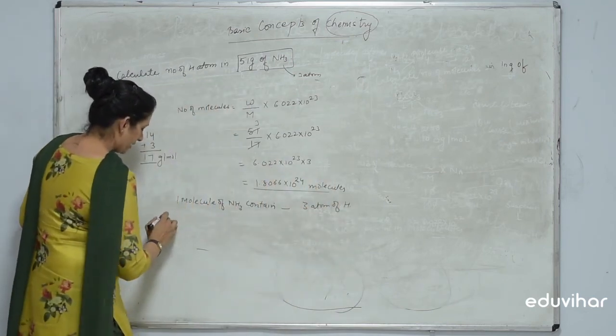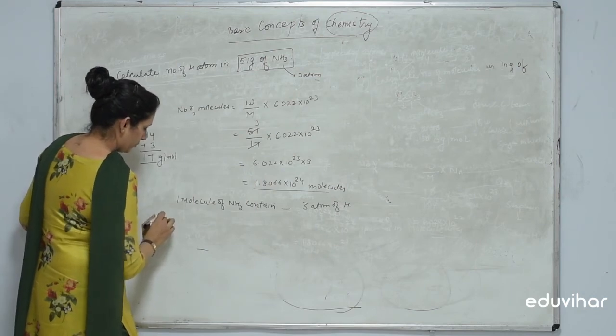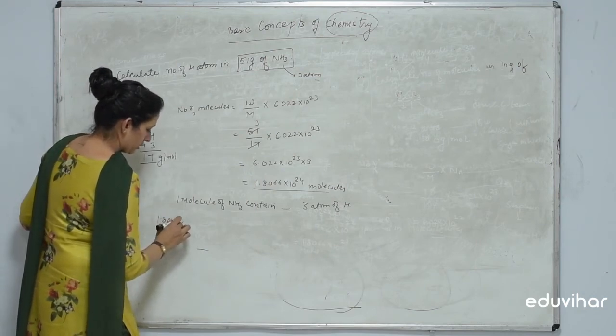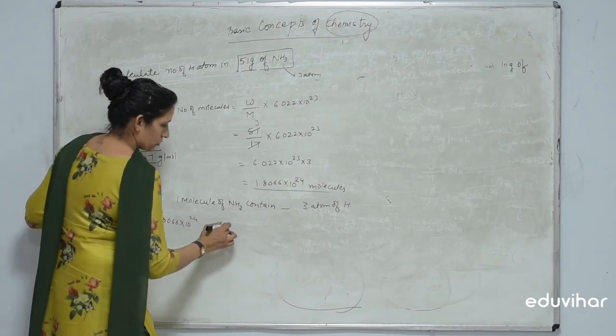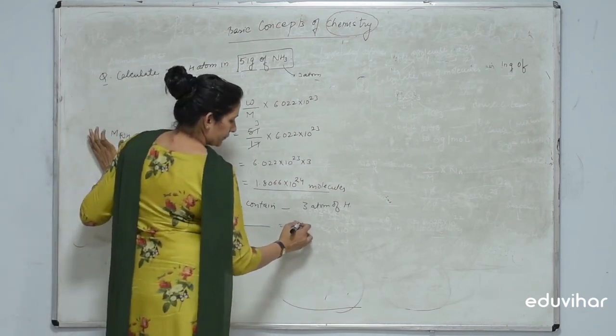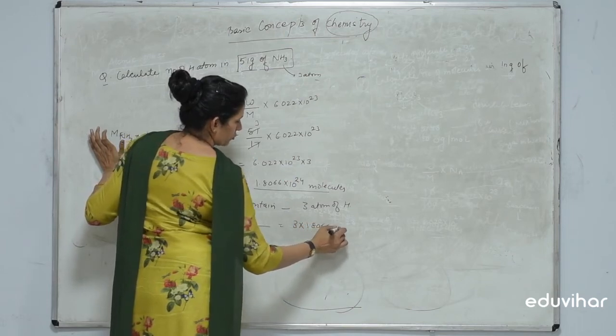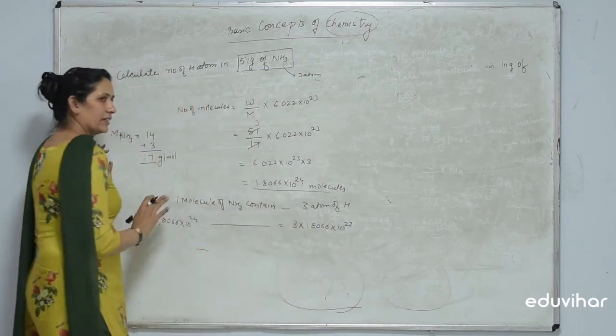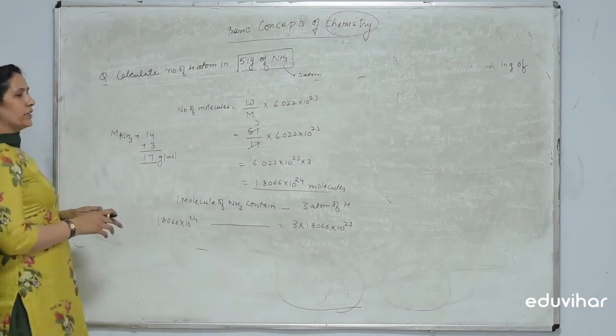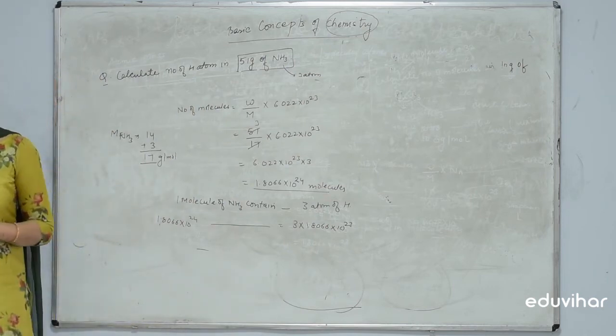So 1.8066 into 10 to the power 24 molecules of ammonia contain 3 into 1.8066 into 10 to the power 24 hydrogen atoms. Is it clear? This is the way to find out the number of atoms. Clear?